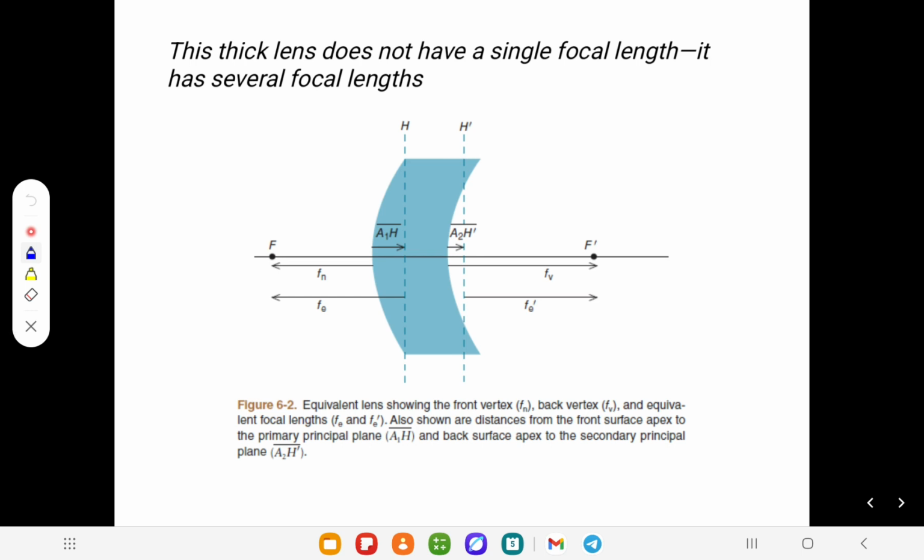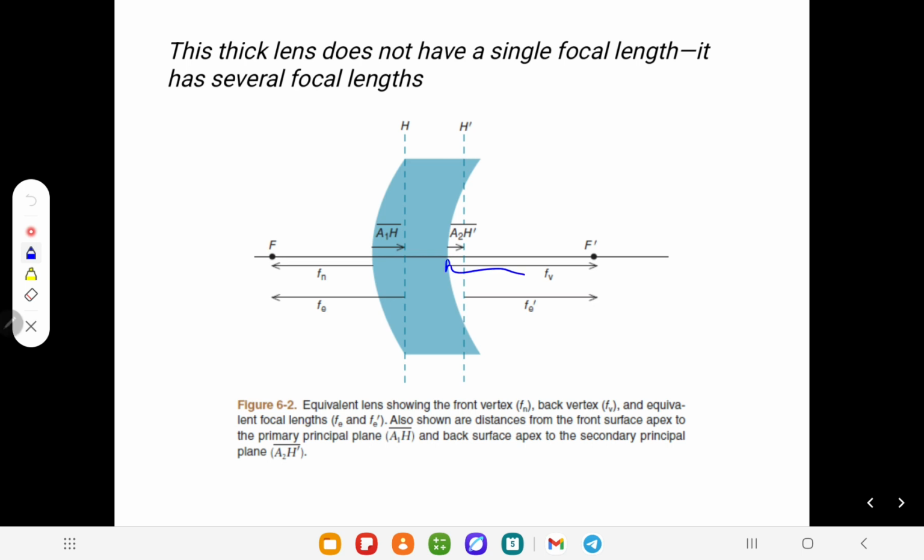A thick lens does not have a single focal length. It has several focal lengths. For example, the two I want to talk about are equivalent focal length and vertex focal length, or equivalent power and vertex power. Vertex power is always taken from the vertex, from the surface of the lens, isn't it?